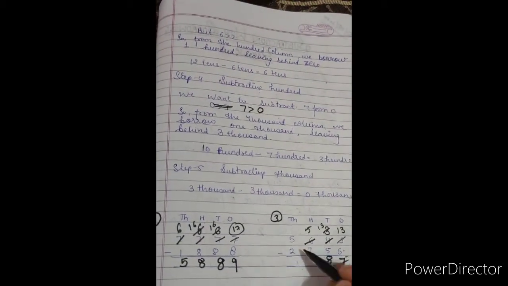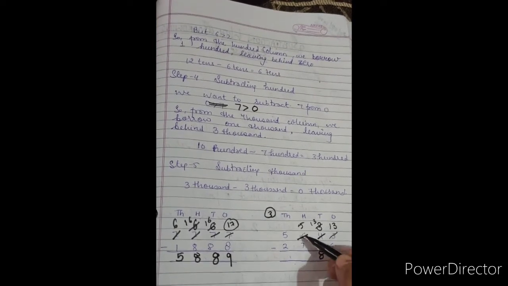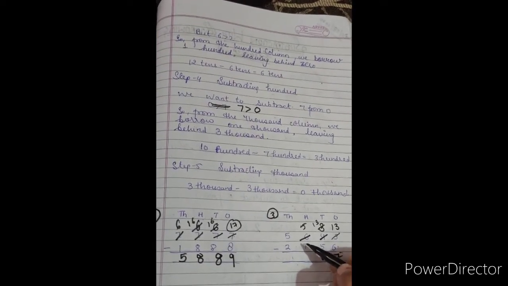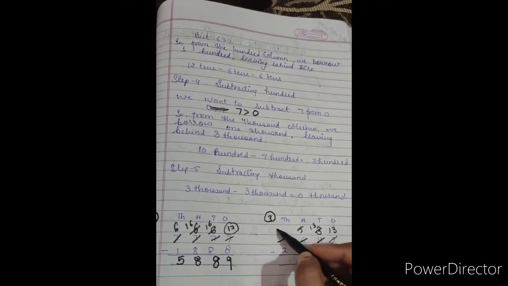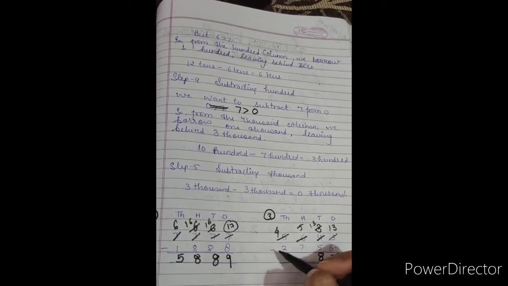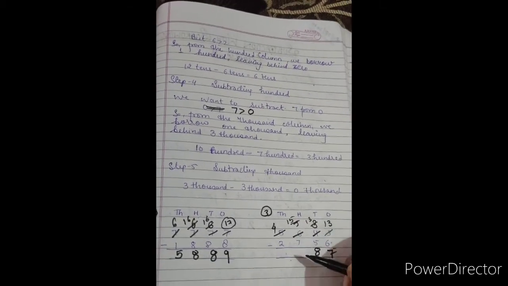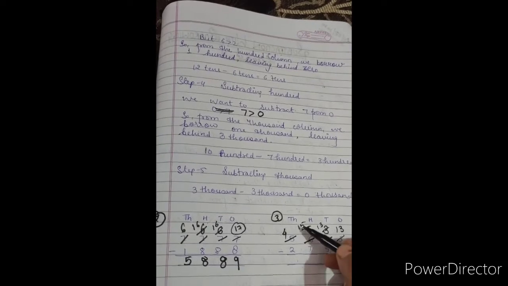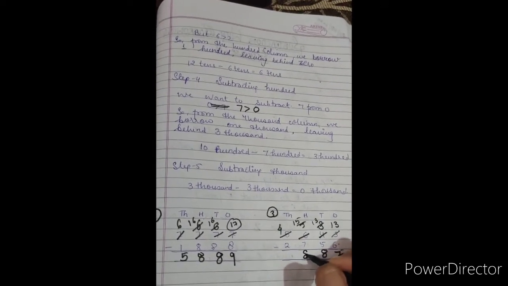Now in the 100 column, we want to subtract 7 from 5, but 7 is greater than 5. So from the 1000 column, we borrow 1000, leaving behind 4, and 5 becomes 15. So we want to subtract 7 from 15. 15 minus 7 is 8, right?